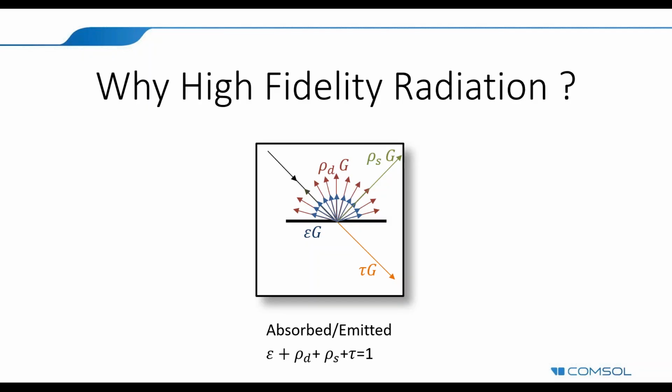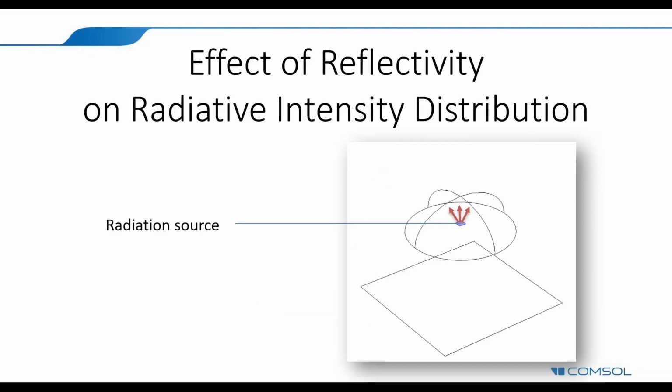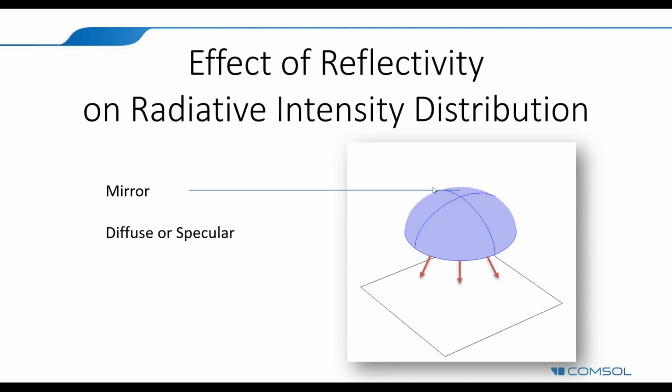So again, is it important to predict the temperature distribution? And I prepared another example to illustrate that. So this example is a radiating surface. You can think about a very hot surface radiating in the upward direction. On top of this surface, I placed a curved mirror.